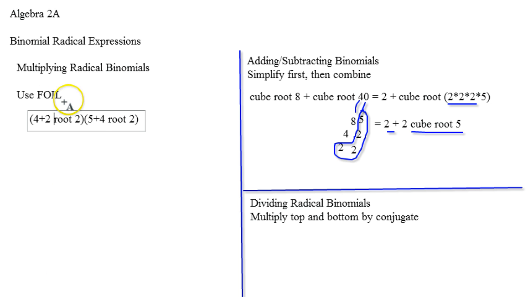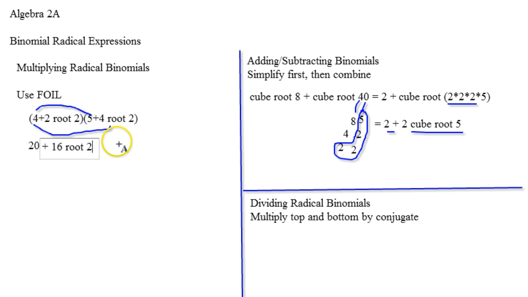Now as for multiplying radical binomials, just use FOIL, just like usual. So this would be 4 times 5, which would be 20. And then we would go 4 times 4 root 2, which would be 16 root 2. So that one's pretty simple.